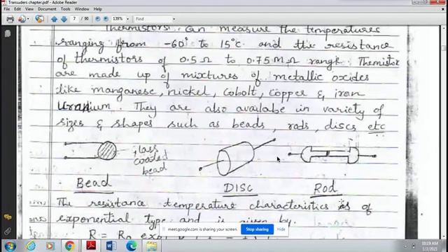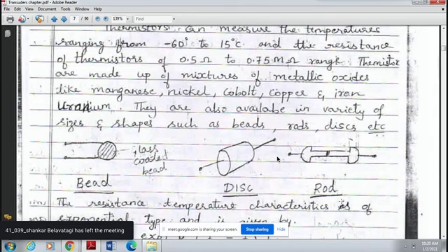They can be used for measuring from minus 60 degrees Celsius to 15 degrees Celsius, and the resistance used for thermistors will be in the range 0.5 ohm to 0.75 mega ohm. The materials used are manganese, nickel, cobalt, iron, etc. They are available in a variety of shapes and sizes, like rods, beads, etc.